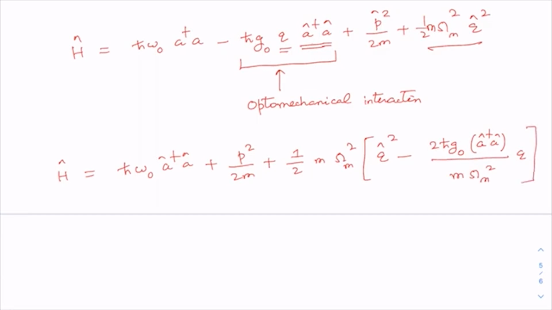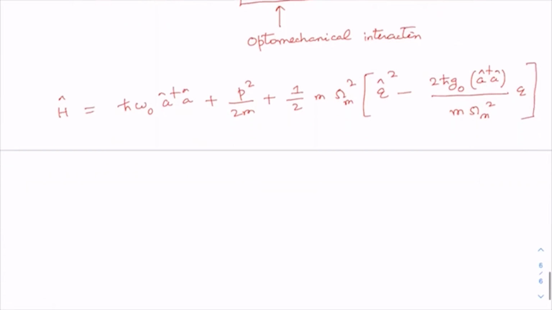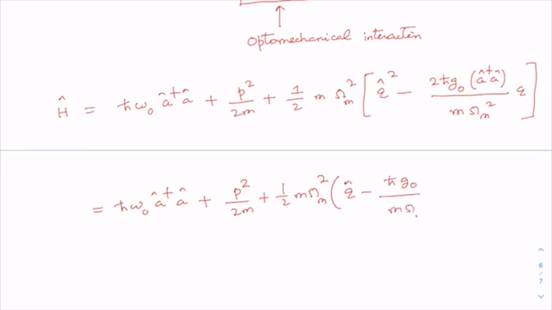Then it is very easy to show that I can write it as h cross omega 0 a dagger a plus p square by twice m plus half m omega m square into (q minus h cross z0 divided by m omega m square a dagger a), whole square. So this is very simple to show.